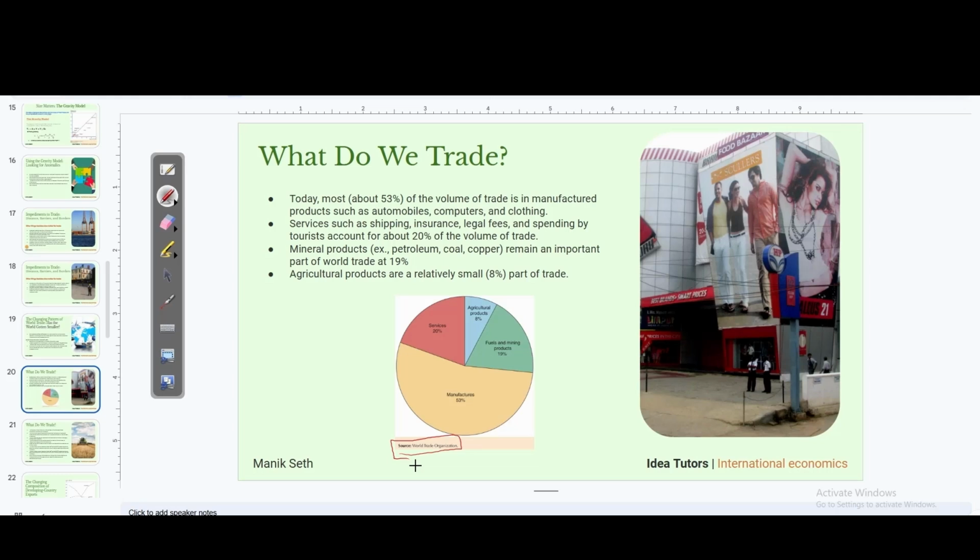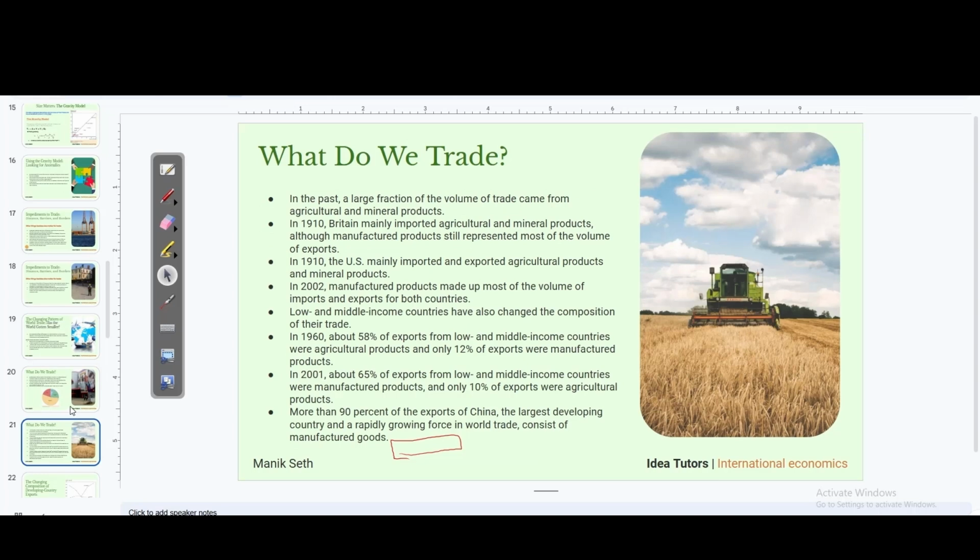Earlier the primary sector products were traded the most. In 1910, Britain mainly imported agricultural and mineral products, although manufactured products still represented most of the volume of exports. But agricultural products had a higher chunk in the total pie of trading.